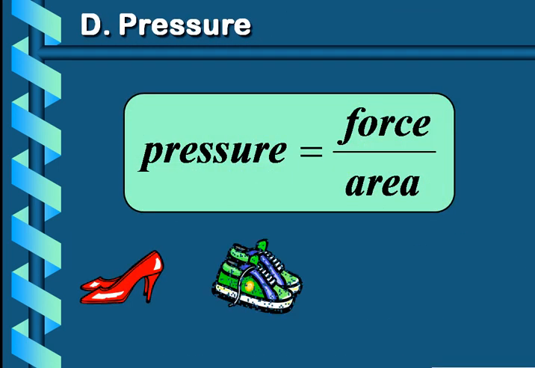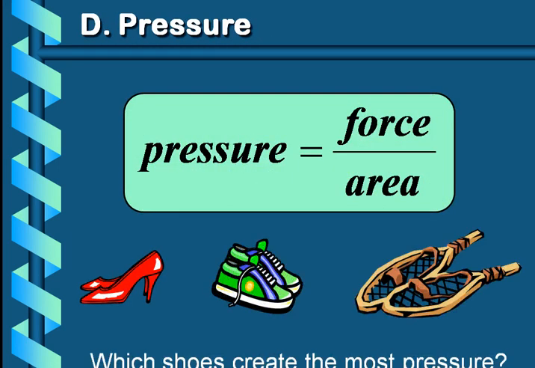Now, talking about pressure, we could actually quantify this and use this equation, and that is that pressure is equal to force over area. So, for example, which shoes create the most pressure? Well, any females out there know exactly what this can do to your feet. But let's talk about specifically the pressure related with it. And so pressure is going to equal the force over area.